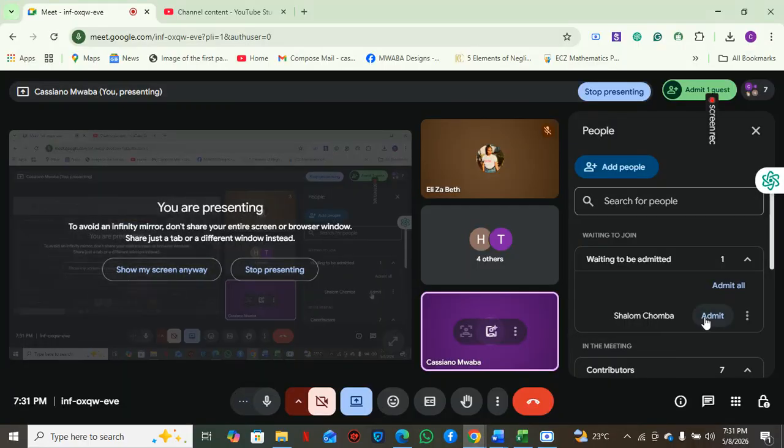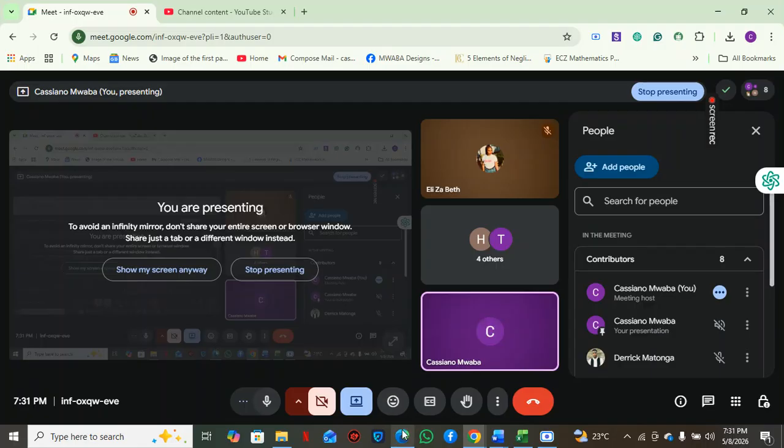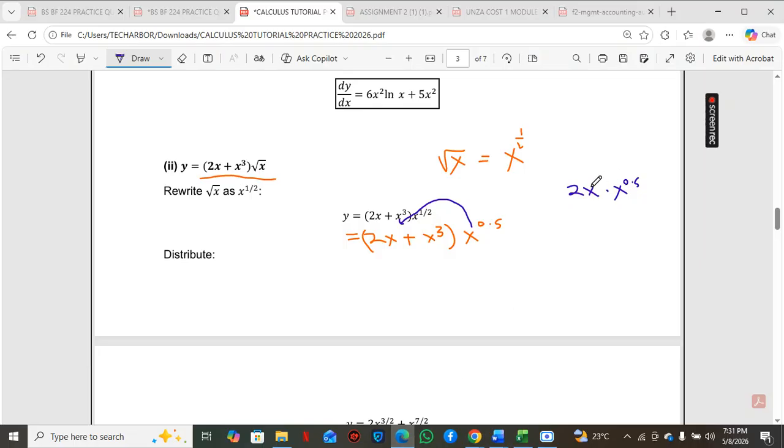So remember, with indices, you're adding the powers. This is x to the power 1, this is x to the power 0.5. So this becomes 2x to the power 1 plus 0.5, which is 2x to the power 1.5.